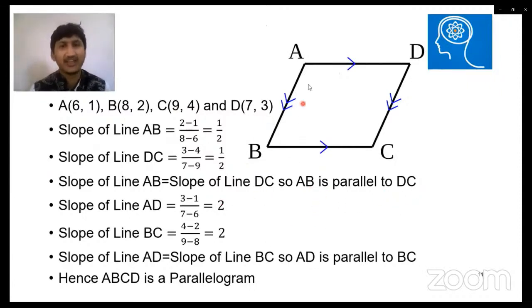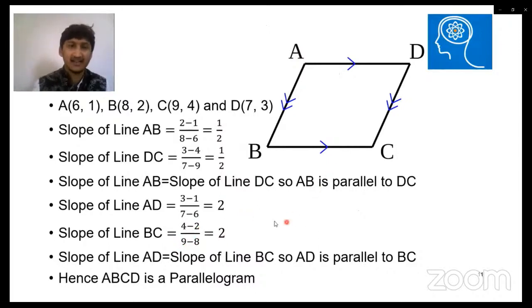Similarly, if we take line AD and BC, बघा बरं त्यांचा स्लोप काढून काय येतो. AD चा स्लोप काय असेल? 3 minus 1 upon 7 minus 6, that is equal to 2. Similarly, BC चा स्लोप काय असेल? 4 minus 2 upon 9 minus 8, that is also equal to 2.